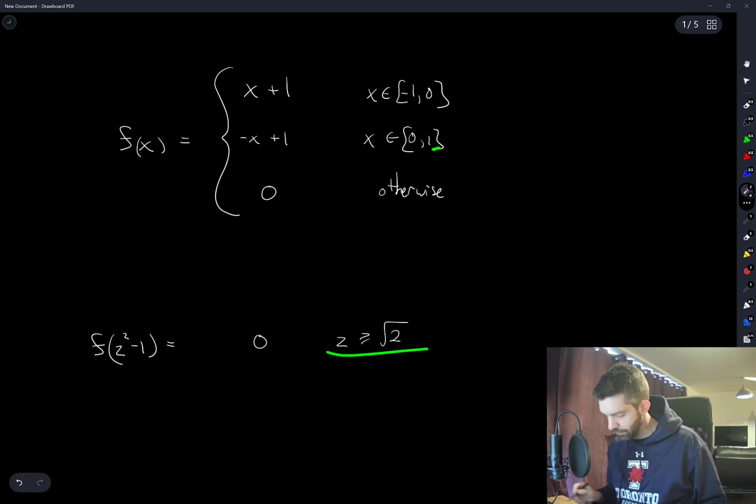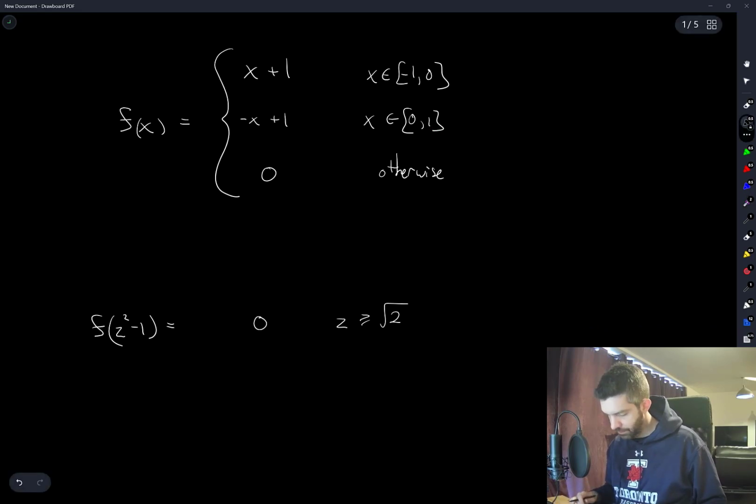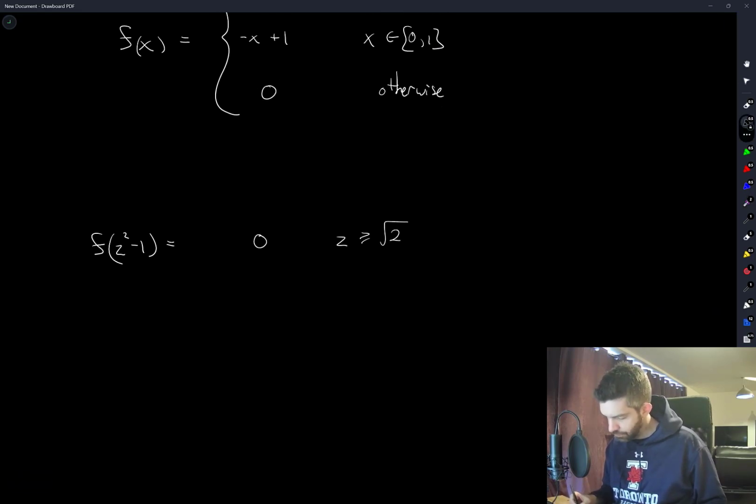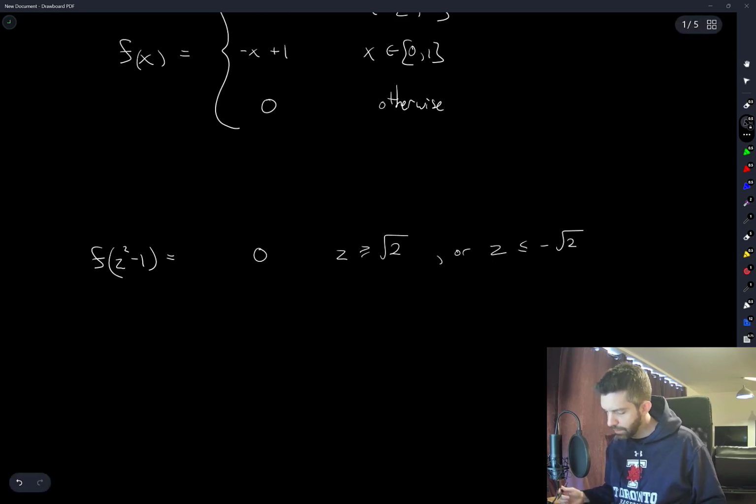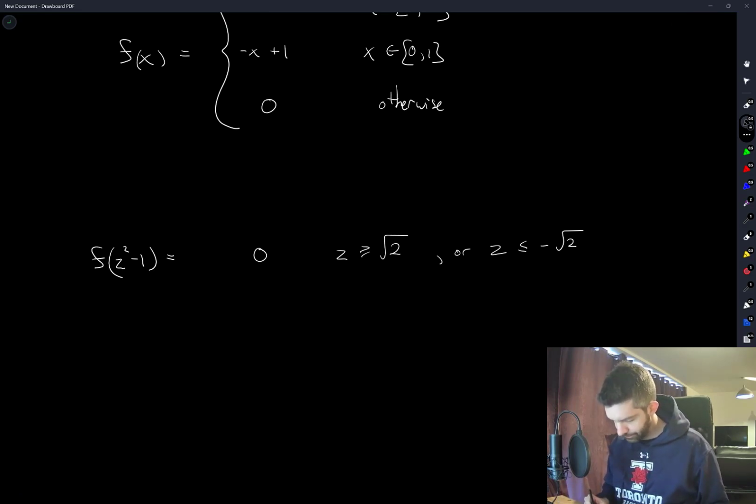And so for z greater than square root of 2, we're outside of this interval. And I suppose that'll also be true for z less than or equal to negative the square root of 2. Okay, so now we only need to worry about z between negative root 2 and root 2.